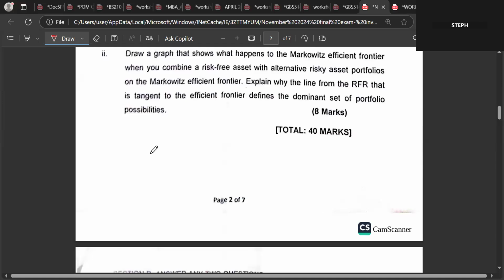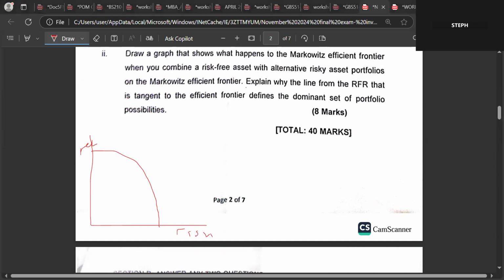It's shaped like this. It's a curved shape. So an upward curved sloping boundary. It represents risk and return. So on one axis, on the x-axis, you have risk. Here you have your returns on the y-axis.